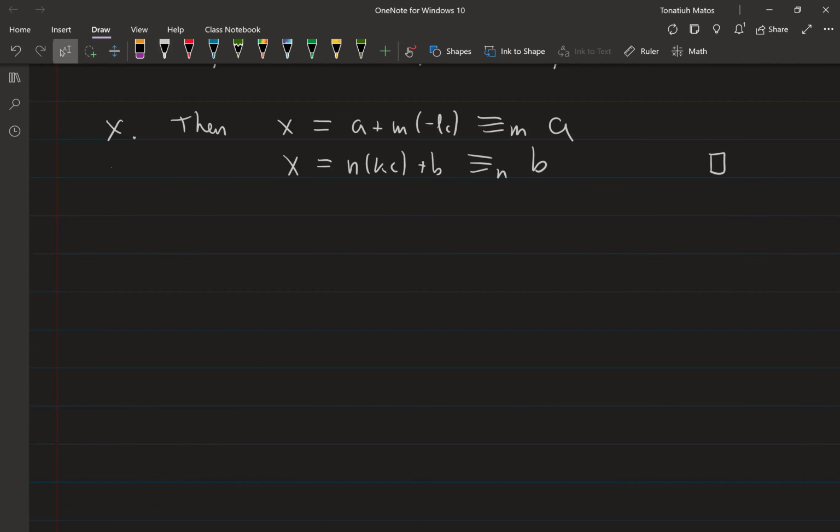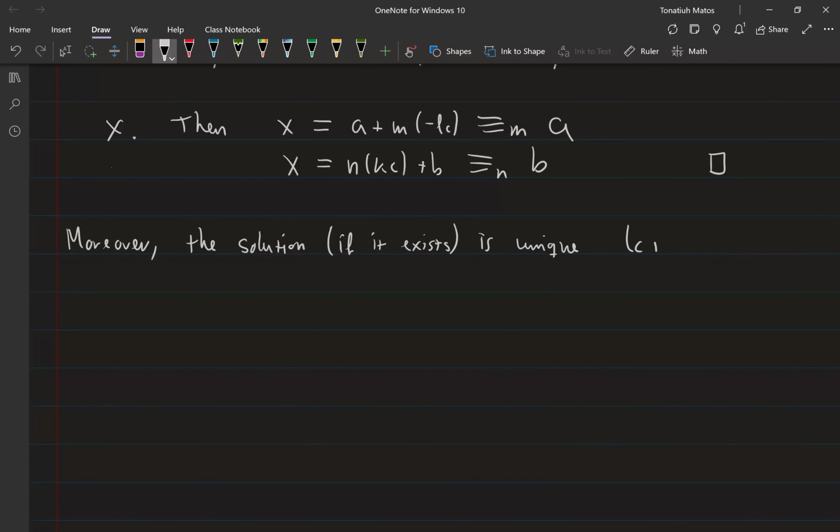And now, moreover, the solution, if it exists, is unique. There might be many solutions, but there can only be one mod the least common multiple of n and m, right?